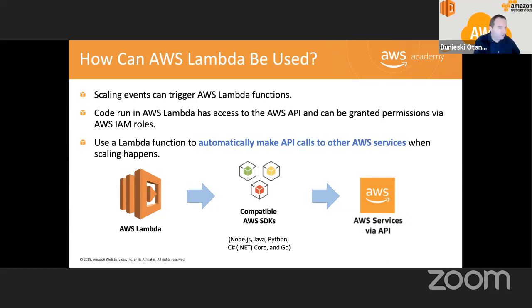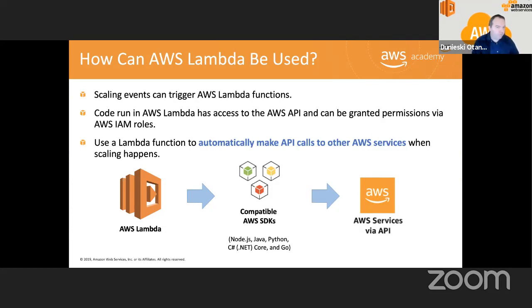Otherwise, when Lambda goes to interact with the EC2 instance and tries to stop it, it will check that there's no role for that, and it's going to tell you, hey, I am missing the role. Please create a role so I can stop your EC2 instance, right?